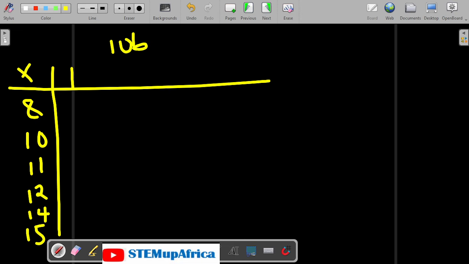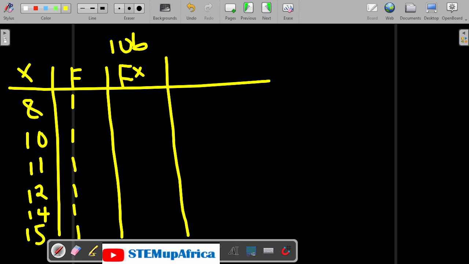So I will have my frequency. How many times does 8 appear? 1. 10 appears 1, 11 appears 1, 12 appears 1, 14 appears 1, 15 appears 1. I will get my fx: 8 times 1 is 8, 10 times 1 is 10, 11 times 1 is 11, 12 times 1 is 12, 14 times 1 is 14, 15 times 1 is 15.